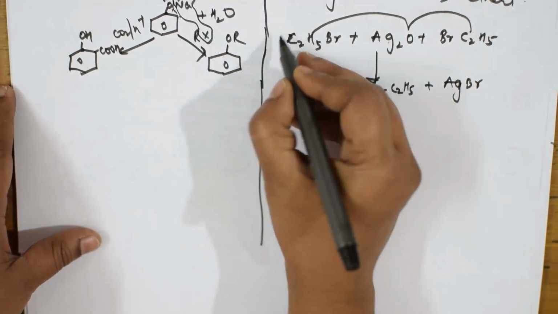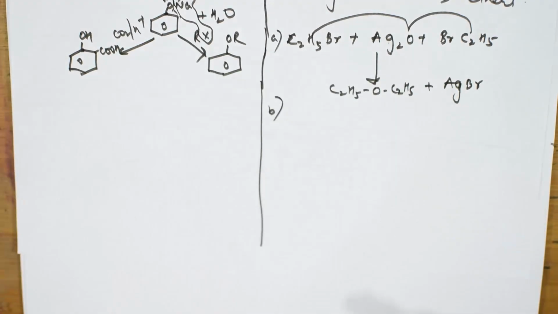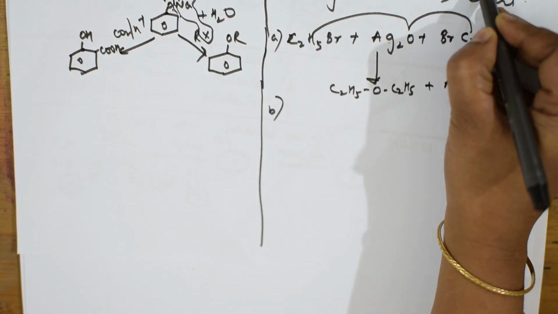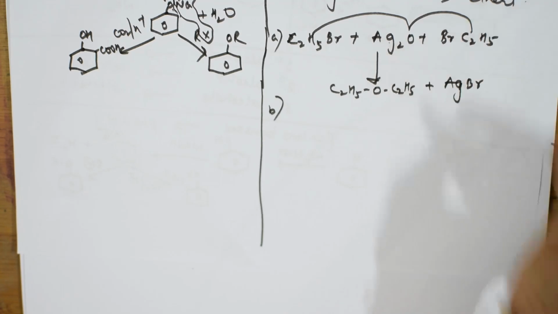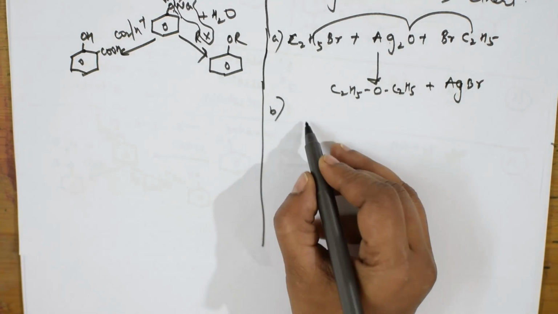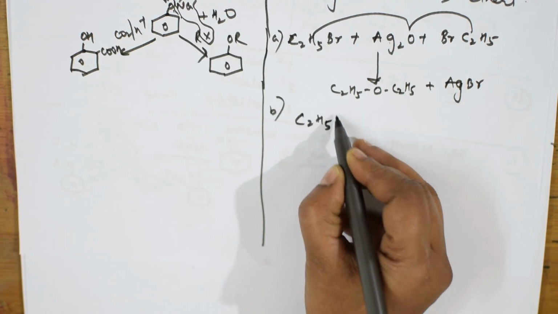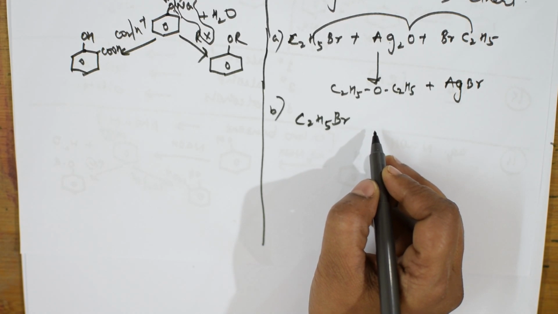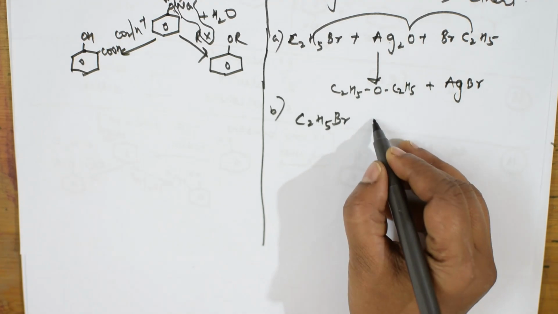Now, suppose you have 1 mole of alkyl halide, what will happen? We will see. This was 2 moles; let us take 1 mole of this. But what is the role of moist silver oxide? Basically, it does the hydrolysis process. Suppose you have only one alkyl halide and you add silver oxide.